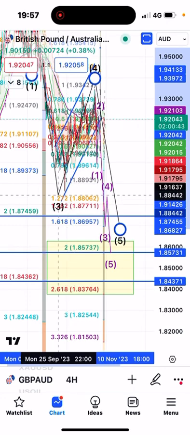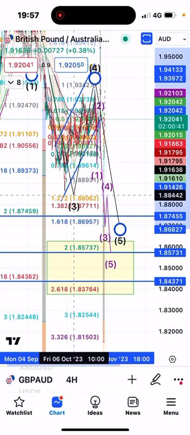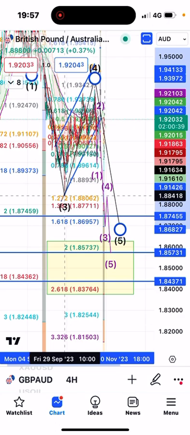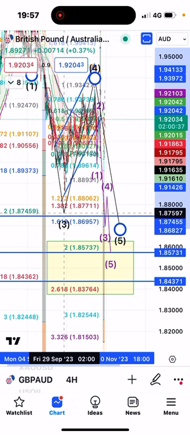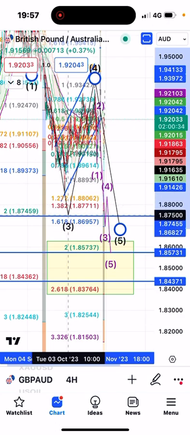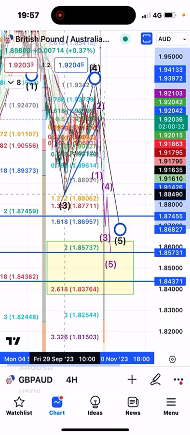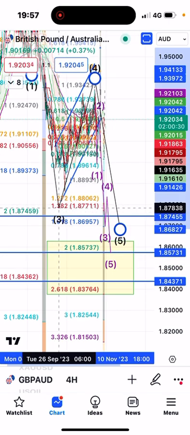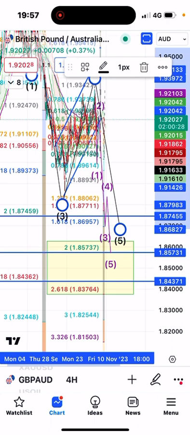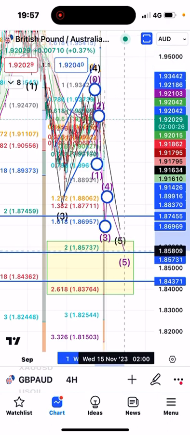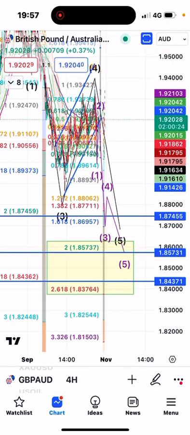You can see it's just ended about here, so it's past that, but hasn't quite made that. So as I said, the 2.0 is the normal extension you go for, but in this case, on the larger scale, it's going to blow through that by the looks of it, because it needs to get the 5 down here to the 2.0, but that's fine. As I said, they can extend to the 2.618 anyway.